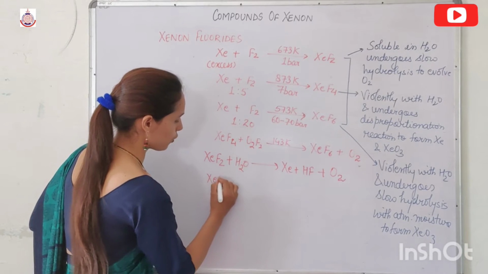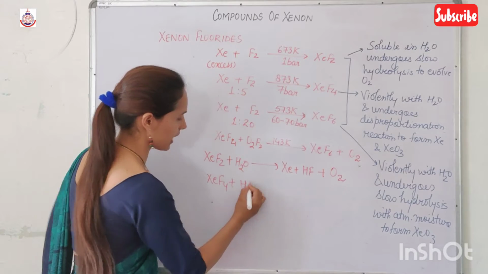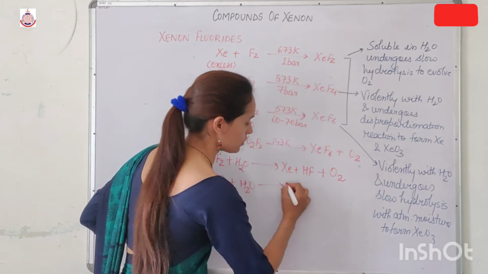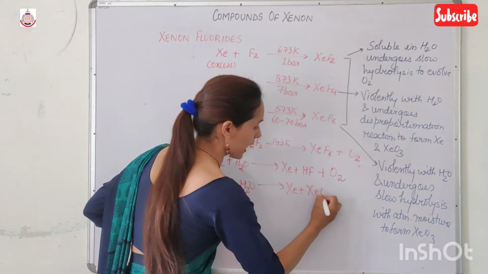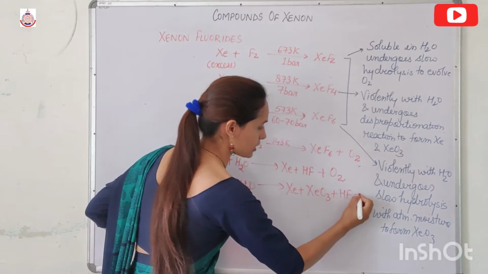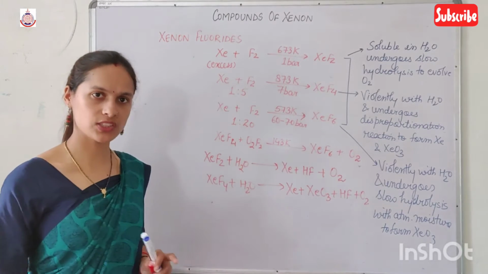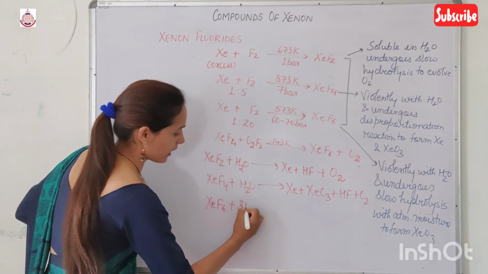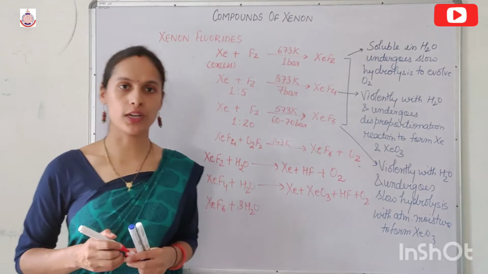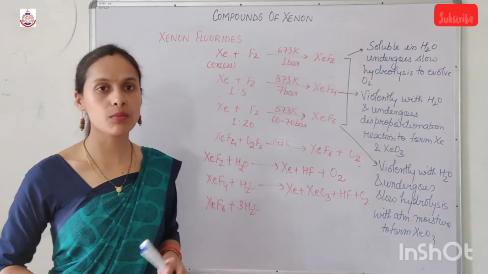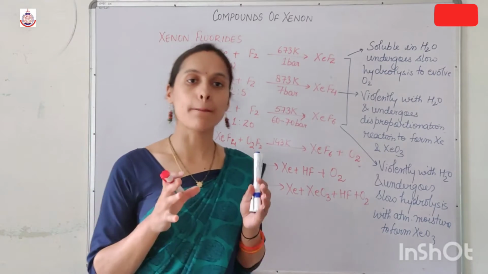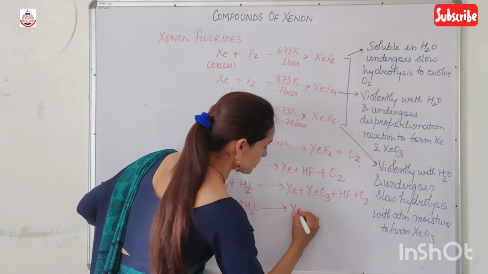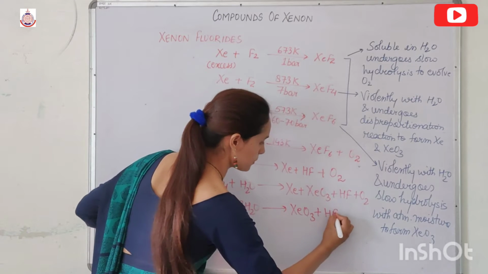When XeF4 reacts with water, it reacts violently and undergoes a disproportionation reaction to form Xe and XeO3 along with HF and O2. Now XeF6 reacts with 3 molecules of water, meaning there is complete hydrolysis of XeF6, and it forms XeO3 plus HF.